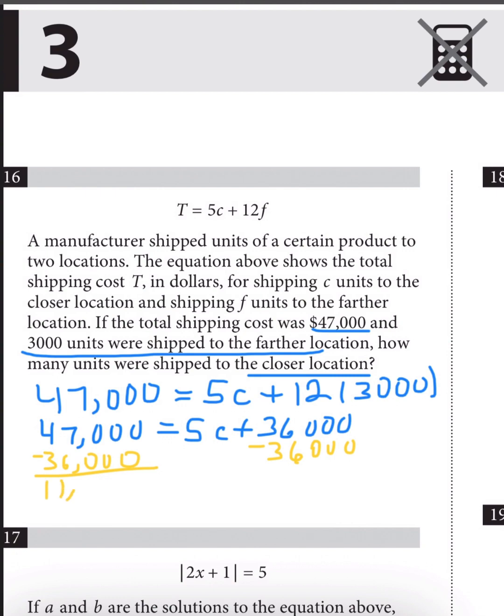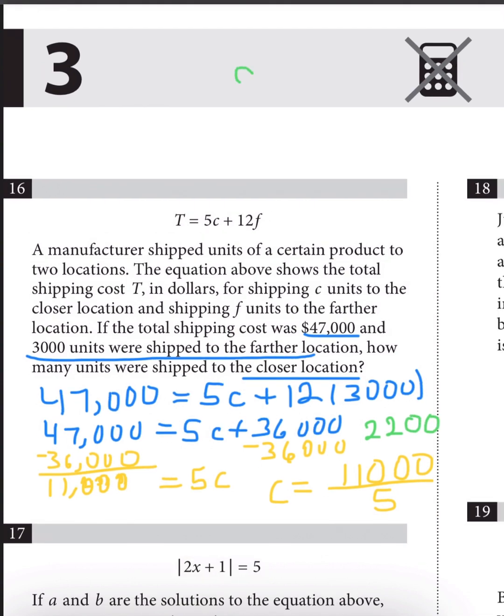1, 1 equals 5C. So C equals 1000 over 5. We can do some quick mental math here. That goes by 2, then that goes by 2 again, and then 2 zeros.